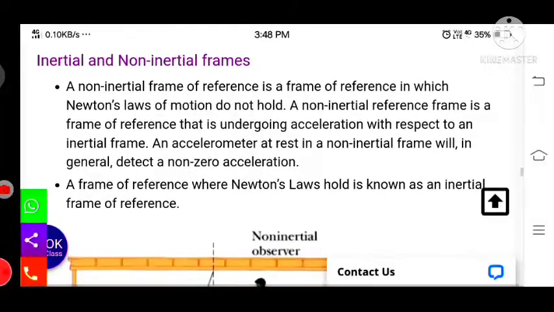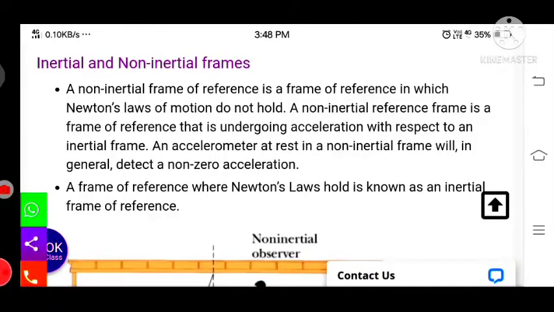Inertial and non-inertial frames. Now we come to inertial and non-inertial frames. So what is a non-inertial frame? A non-inertial frame of reference is a frame of reference in which Newton's laws of motion do not hold. It means in a non-inertial frame, the three laws of motion given by Newton do not hold.